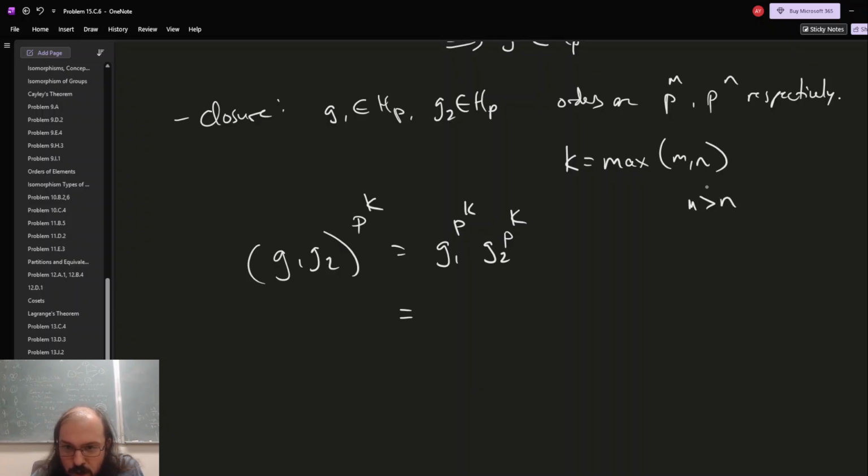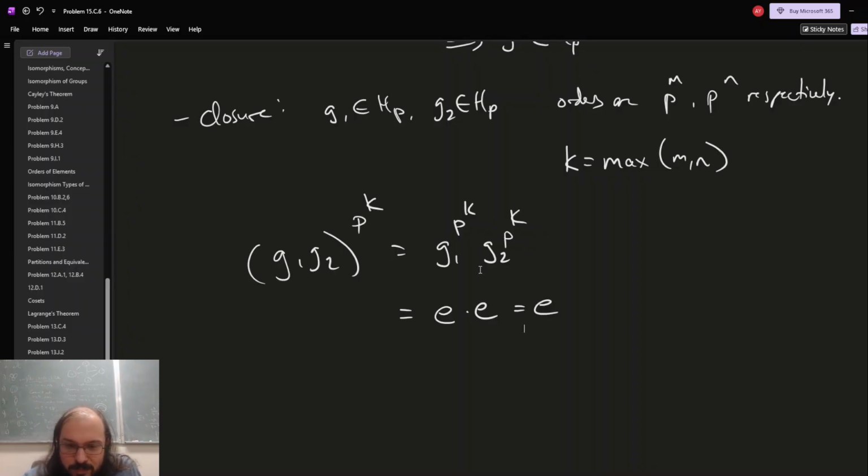Maybe I shouldn't have written k. What am I trying to say here? What I'm trying to say is that for one of these things, this is the order, and so it's e. For the smaller of the two, I picked a smaller power of p. And so this differs by some other power of p, like maybe it's k minus the lesser of the two. But in either case, since the lesser power divides the greater power, both of these things are also e.